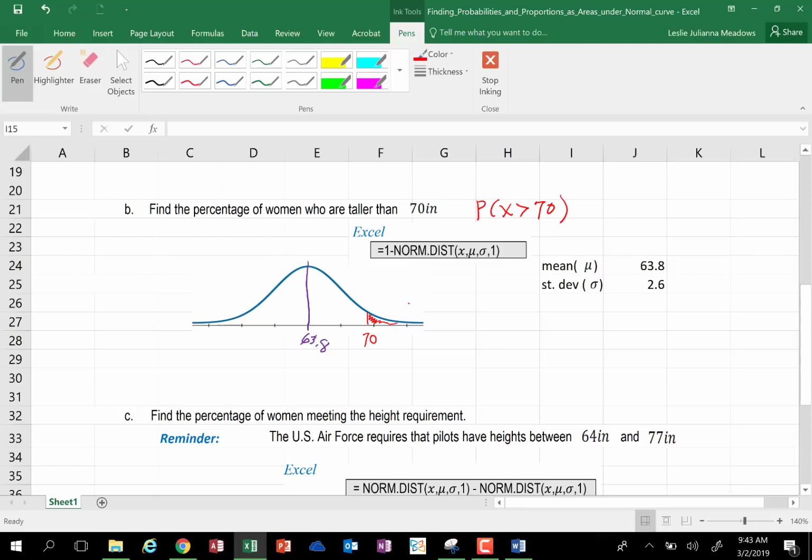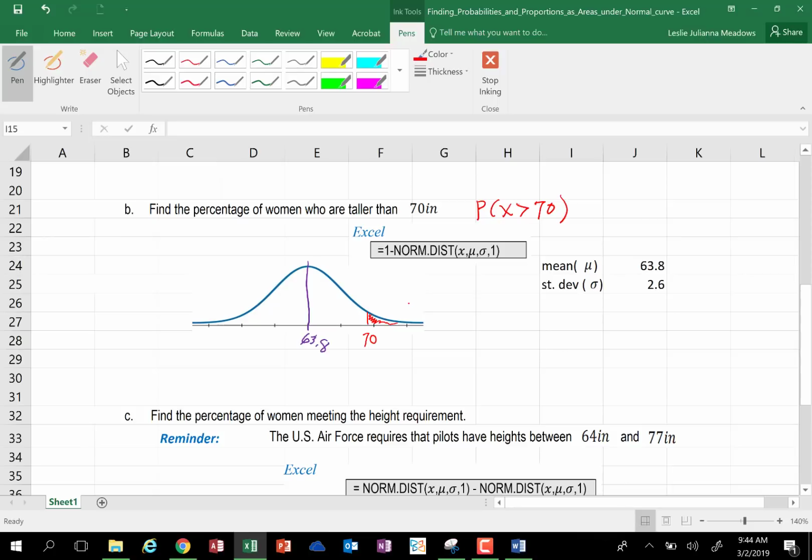Please be aware that our norm.dist function only gives us the area to the left. However, if we know the area to the left under a normal curve, then we can easily find the area to the right. Let's not forget that the total area under a standard normal curve is 1.